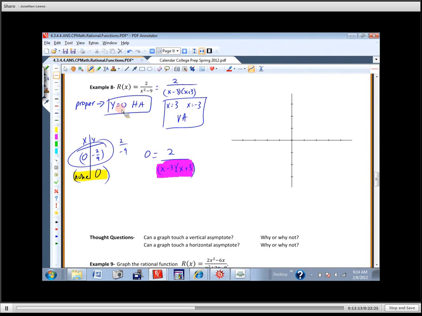Okay, let's come over here, and let's mark these pieces of information. So we've got a horizontal asymptote of y equals 0. So we'll draw a big dotted line and write y equals 0 is the horizontal asymptote. We've got a vertical asymptote at 3 and a vertical asymptote at negative 3, so we'll draw a big long vertical line at each one of those. x equals negative 3, x equals 3, and I'll just write VA by each of those so we can remember what they are.